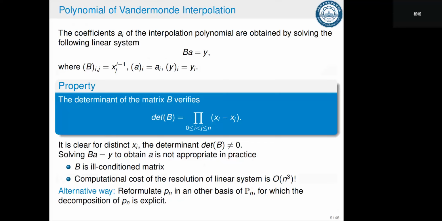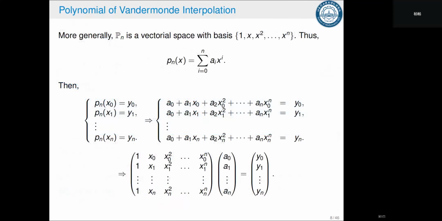So this theorem, in a theoretical sense, tells us that we can find such a polynomial. And also, let's observe this formulation again. This matrix we can construct, and it is a dense matrix since all the elements in this matrix are non-zero.